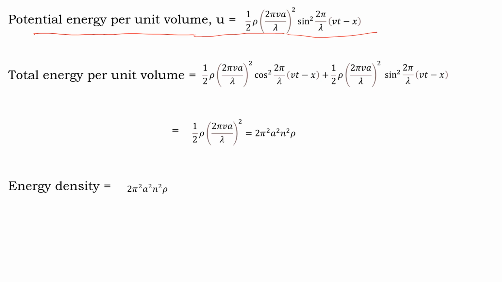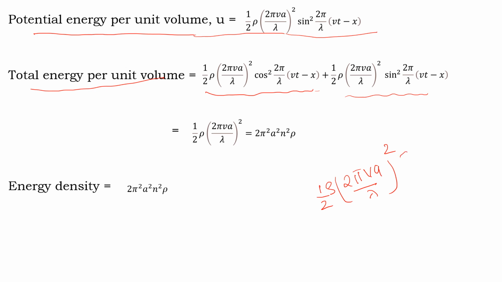Therefore, the total energy density, or the total energy per unit volume, is the sum of the kinetic energy density and the potential energy density. Here the common term is half rho (2 pi v a by lambda) the whole square. The next term is cos square 2 pi by lambda (vt minus x) plus sine square 2 pi by lambda (vt minus x).